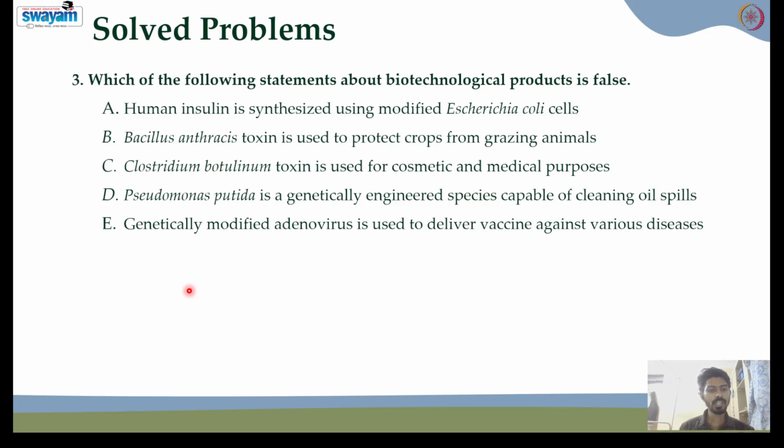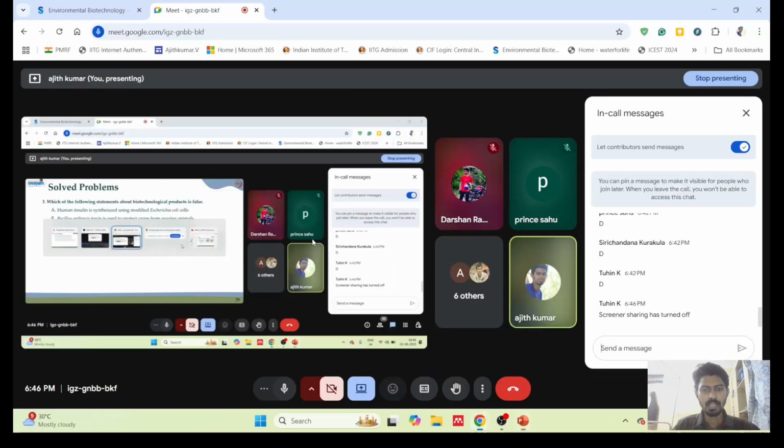Option C, Clostridium botulinum toxin is used for cosmetic and medical purposes. Option D, Pseudomonas putida is a genetically engineered species that is capable of cleaning oil spills. And option E, genetically modified adenovirus is used to deliver vaccines against various diseases. So, which of the following statements about the biotechnological product is false? Answer.